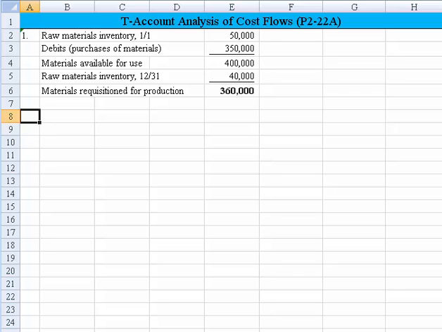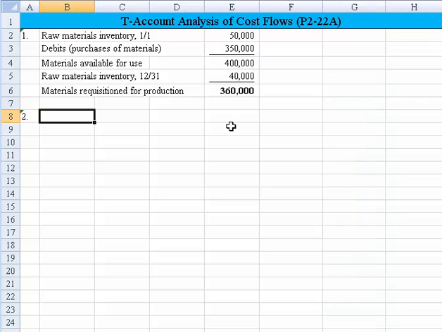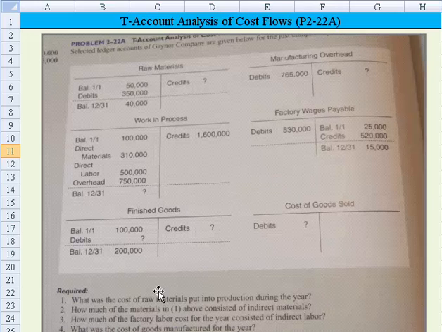Let's take a look at number 2. I want to jot that this way. There we go. And number 2 asks us, how much of the material in one above consisted of indirect materials? Alright, well what we know is 360 is what we start with. And then if we look over here to debits to work in process, we see there was a debit of direct materials of 310,000.